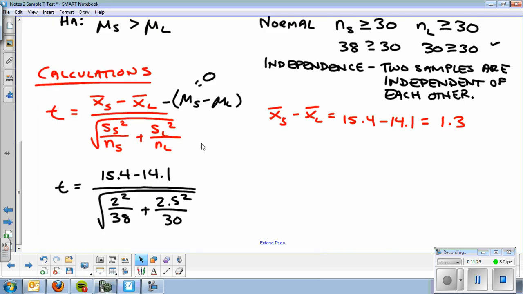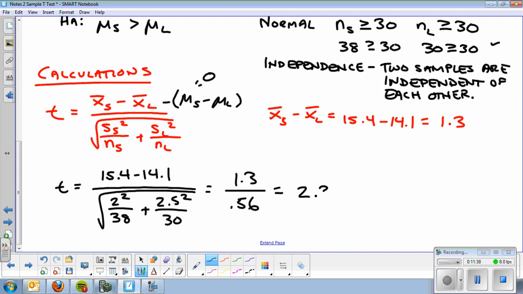So the standard error in this case, so this would be 1.3 divided by 0.56, which is going to give me a t-score of 2.32.